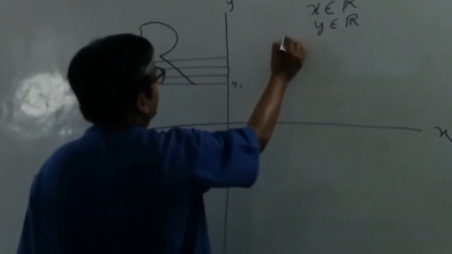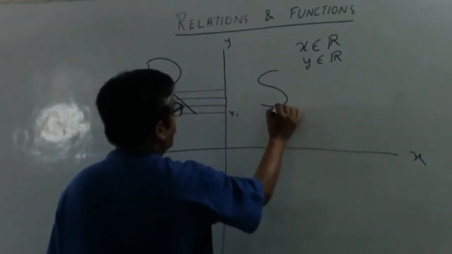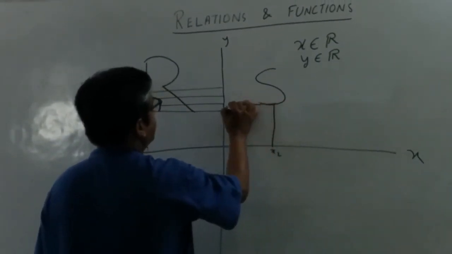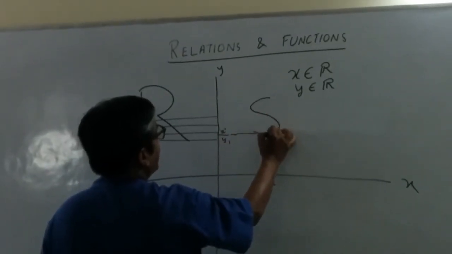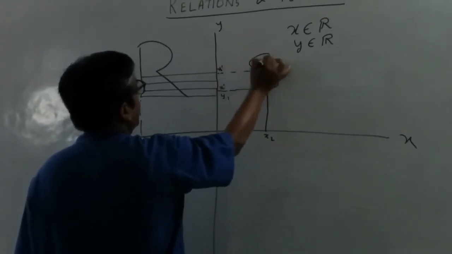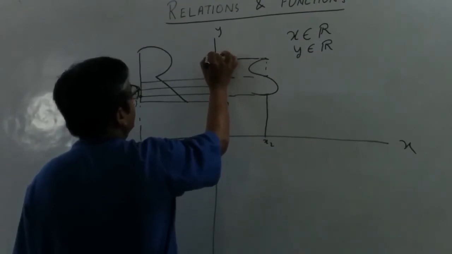If I have, say, the letter S, again this value of x, we call this x2, has y1 prime, again for the same value of x it will have y2 prime, and again for the same value of x, y3 prime.